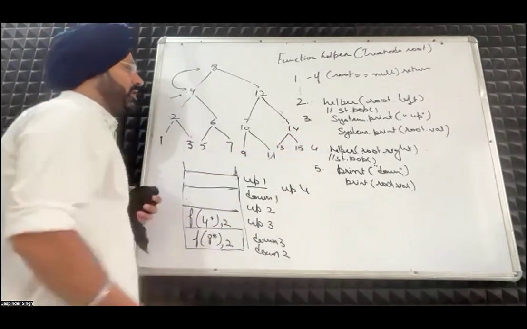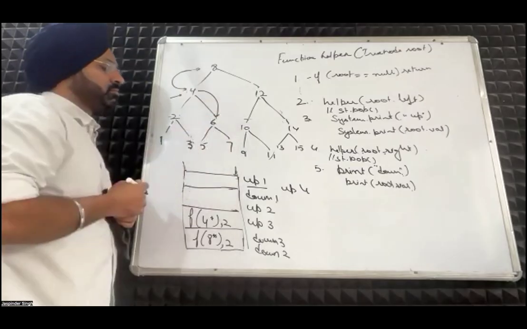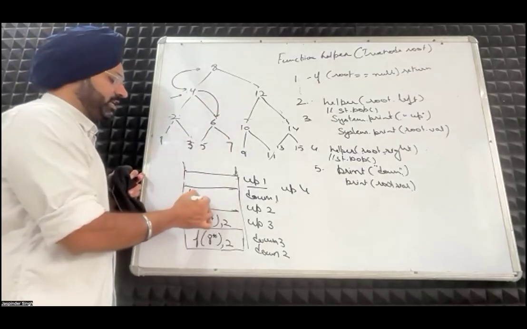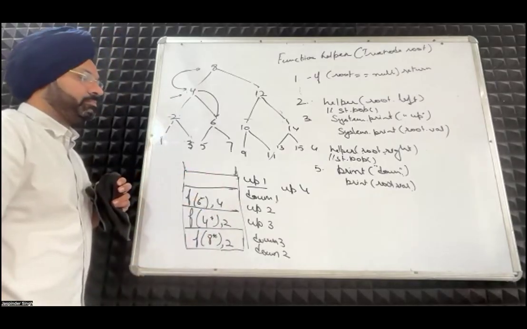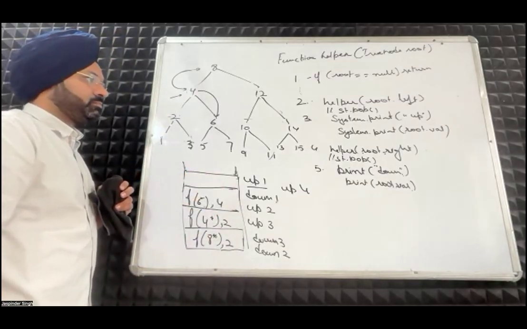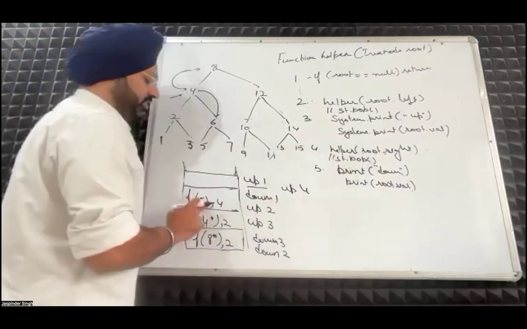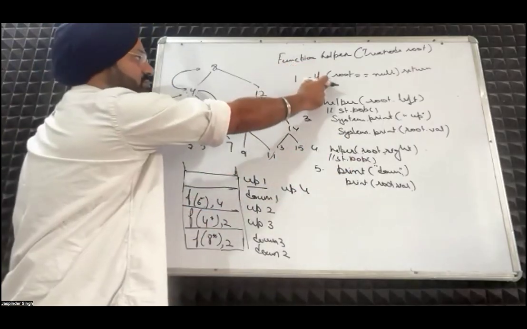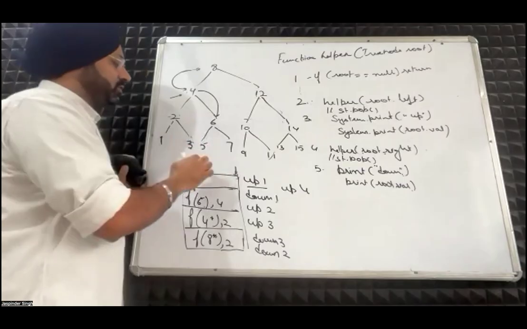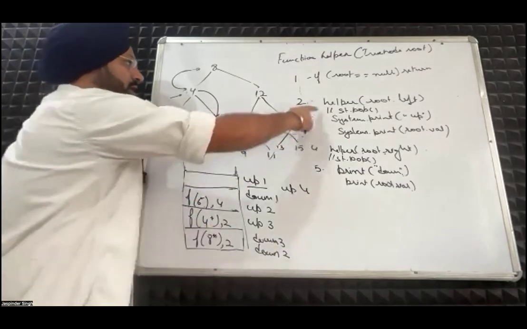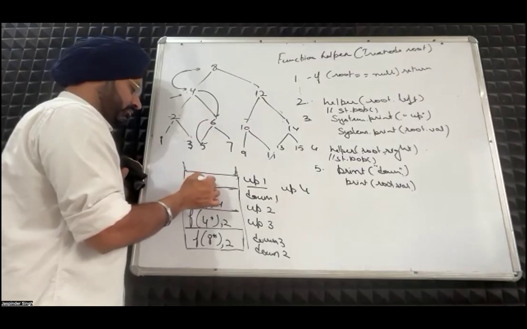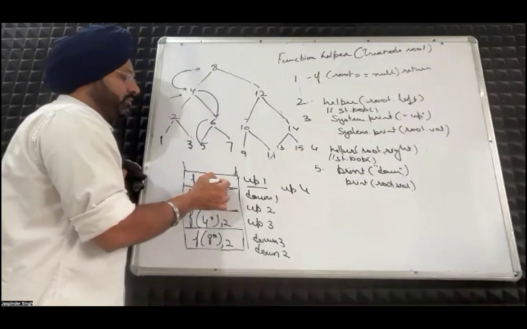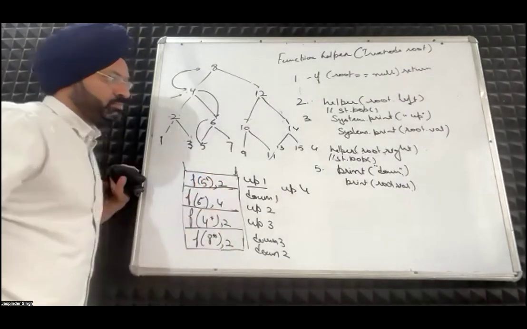Then root.right. The function call on 6 is done, and that is now called from line number 4. Helper of 6. Is my root equal to null? Is my 6 equal to null? No, it is not equal to null. Helper of root.left. That is, the function call on 5 is done from line number 2.